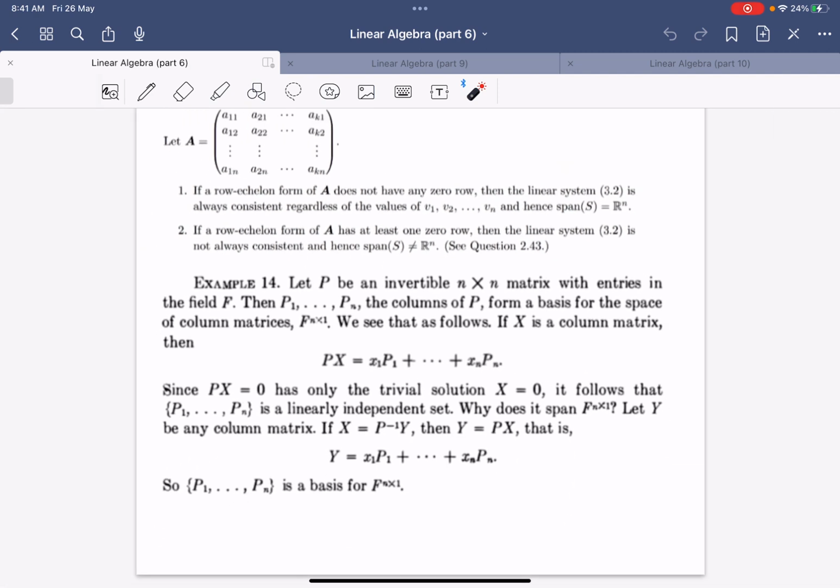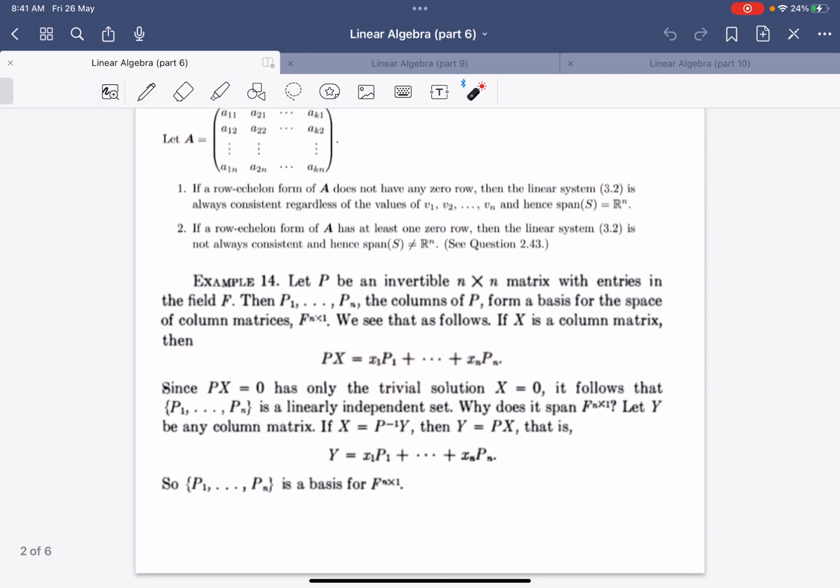We can extend this to a general finite basis. You let P be an invertible n times n matrix. Then the columns form a basis for the column space. So we see that it follows: if x is a column matrix, then Px equals x1 P1 plus all the way to xn Pn.